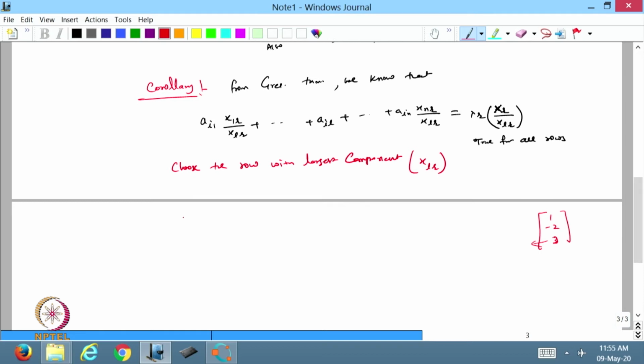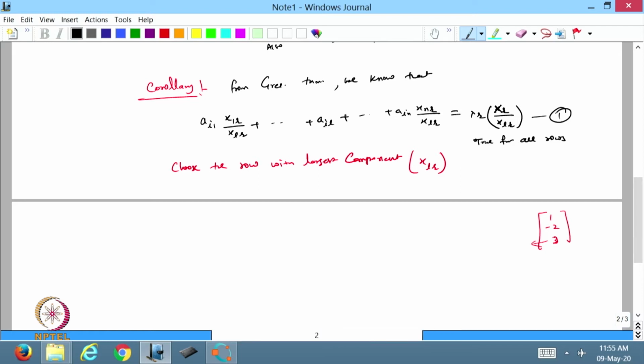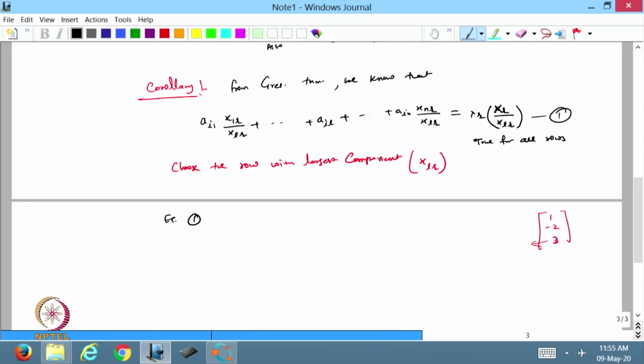So from here I can write equation 1 as, with i equal to L, a_L1 x_1r over x_Lr plus a_LL up to a_Ln x_nr over x_Lr is equal to lambda_r, and that is only x_Lr divided by x_Lr, so that will be 1.